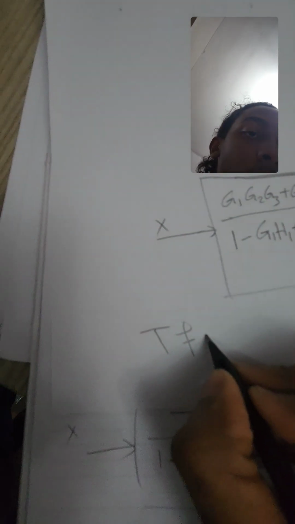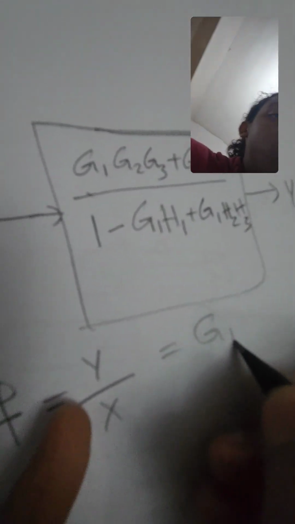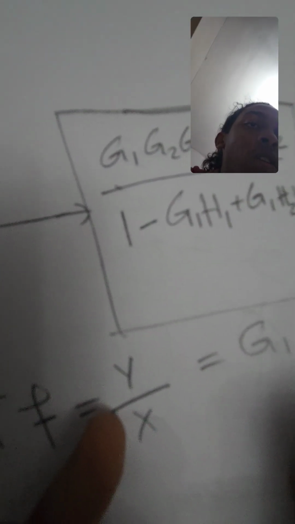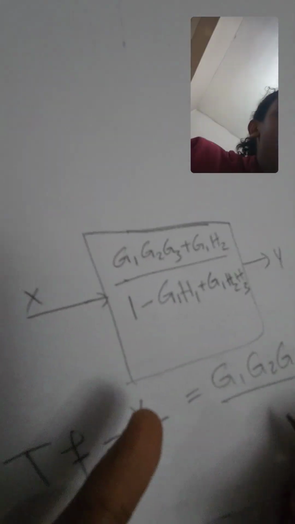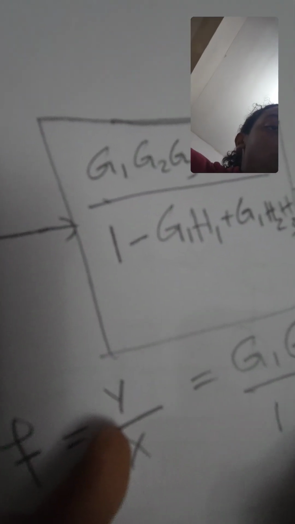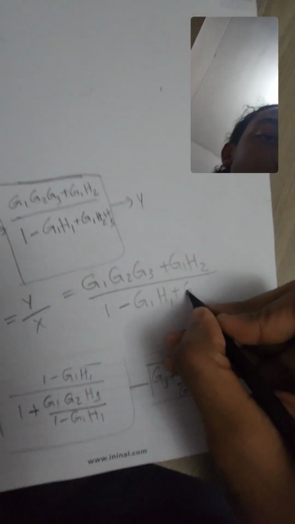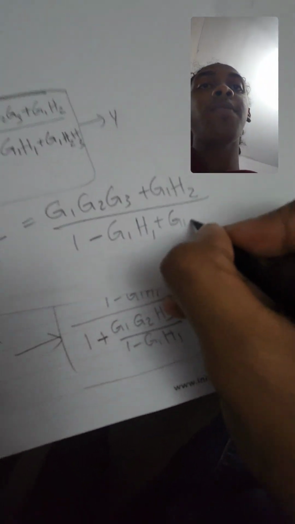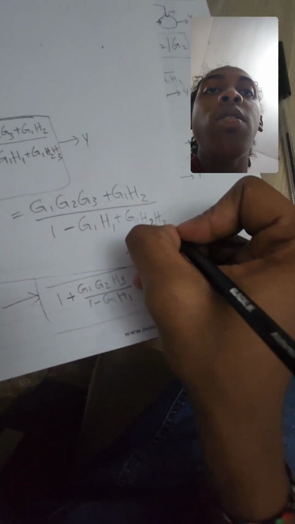And our transfer function is going to be Y over X. It's going to be in this form: G1 G2 G3 plus G1 H2 over 1 minus G1 H1 plus G1 G2 H3.